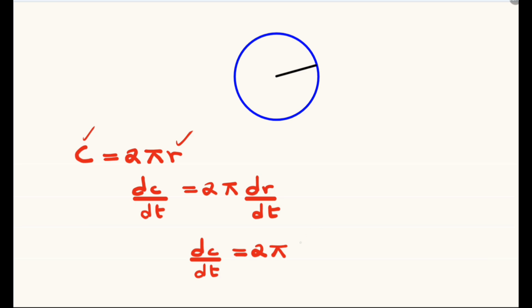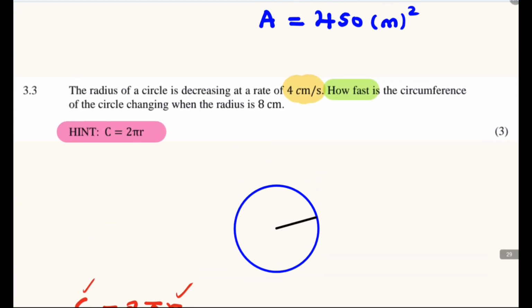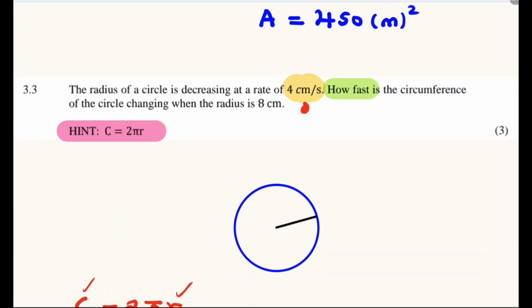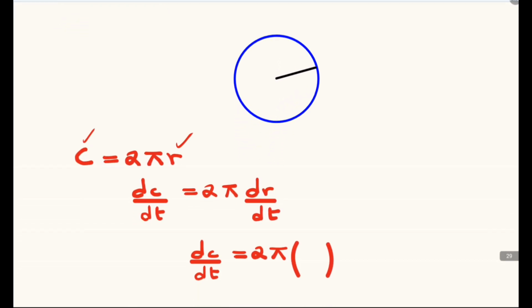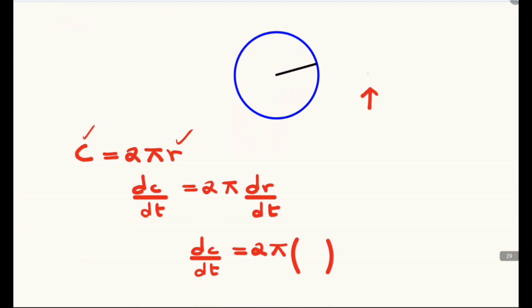Remember that we were given the speed of the radius. The speed at which the radius is decreasing was given as 4 centimeters per second. Remember that when the velocity is increasing it is positive and when it's decreasing it is negative.